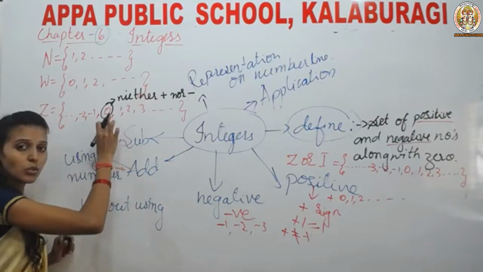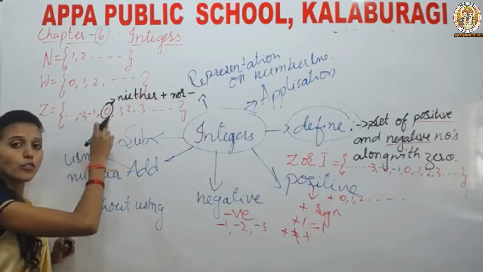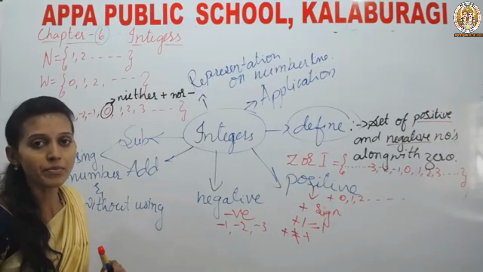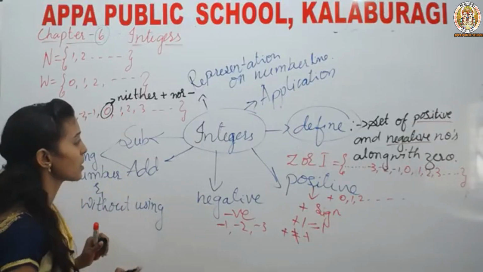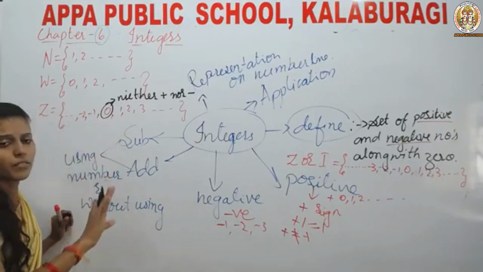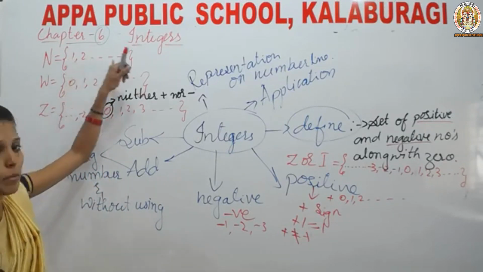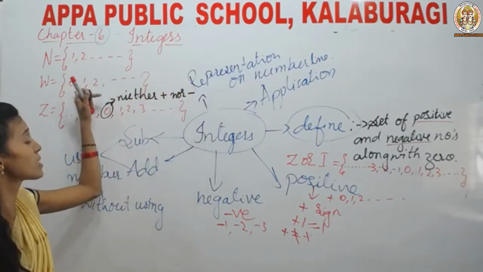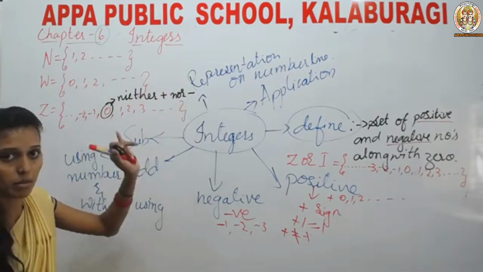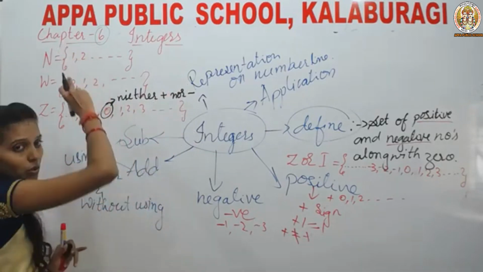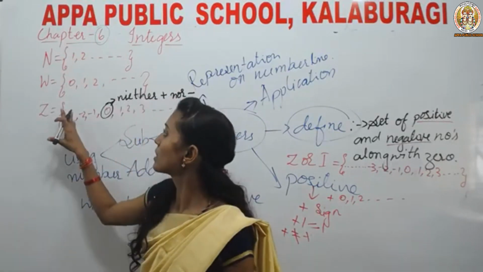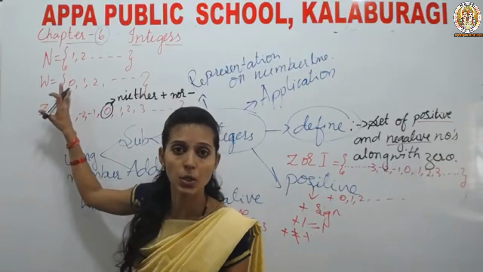Plus 1 is the successor of 0, minus 1 is the predecessor of 0. Did you get it? Successor and predecessor of a number. In natural numbers, except 1, every number had a predecessor; there was no predecessor for 1. In whole numbers, except 0, every number had a predecessor; there was no predecessor for 0.